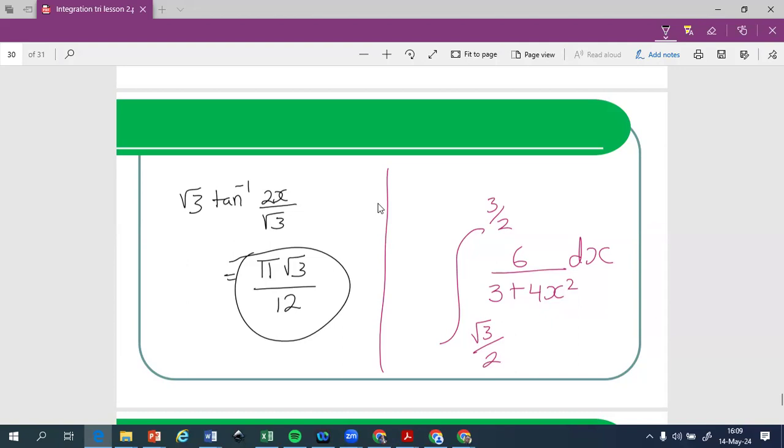Try to simplify and see whether you get that. In case you come up with this answer, let us know. From here, put root of 3 out of 2 and 3 out of 2.